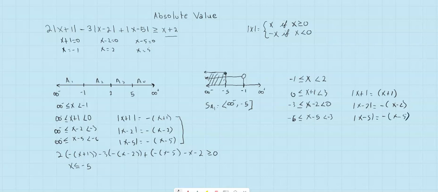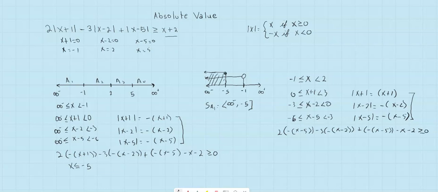If you put all of this back into the equation, it will be 2 times minus x minus 5 minus 3 times minus x minus 2 plus minus 5, and we bring everything back inside, which is minus x minus 2 is greater than or equal to 0.